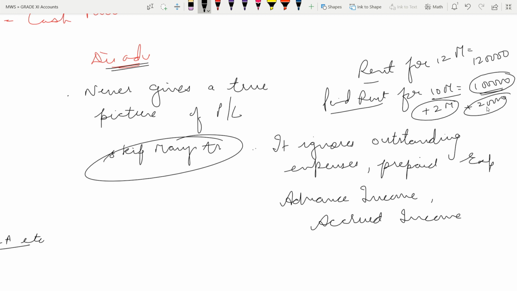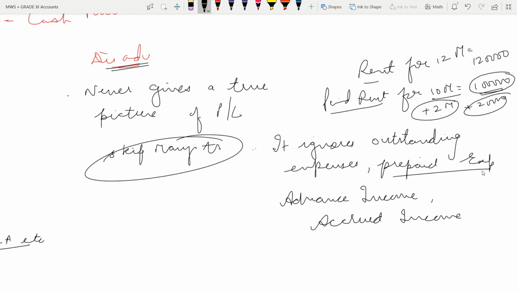So these are expenses due, or we can say expenses which are outstanding, which we have not paid during the year. Rent paid for 10 months means out of 12 months we have only paid for 10 months and the year is over. Financial year ends. So in this way, we should write that these are the expenses for the year, but we are not writing them here.